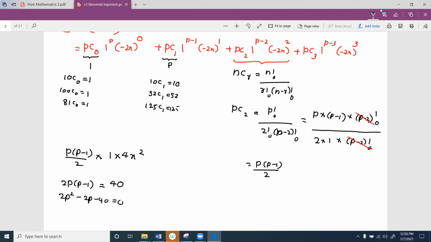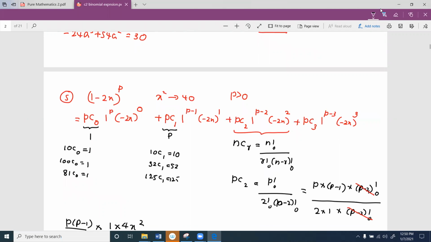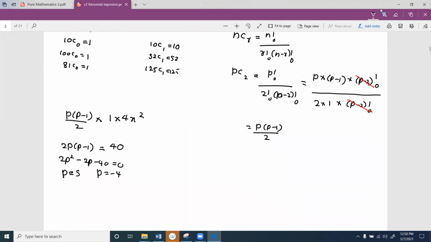Then here p equals 5 and p equals minus 4. Over here they have given p is greater than 0. With that, you can say minus 4 is not an option. Since p is greater than 0, you can say p equals 5, right?